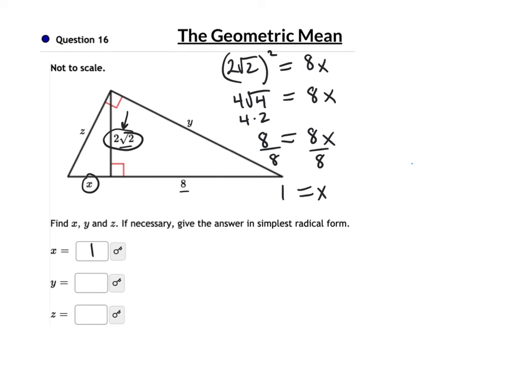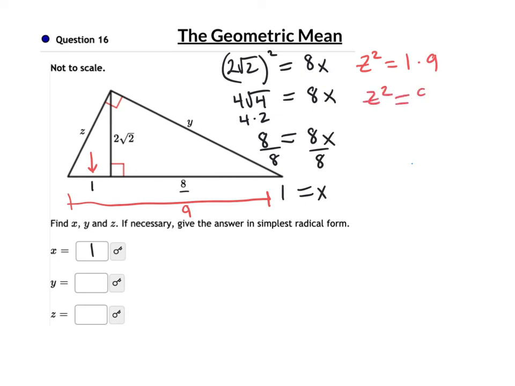Let's erase x and put a 1 there. Now we can find either z or y. Let's start off with z. The leg squared, z squared, equals the piece on its side, 1, times the whole hypotenuse, which is 1 plus 8, 9. Z squared equals 9. Hey, I like that.